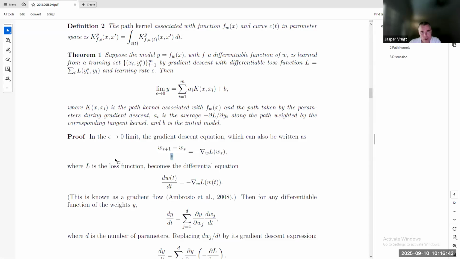So here, this is the Newtonian formulation of a derivative, as far as I remember things correctly. So new weights minus the old weights, if you divide that by a small scalar, you get an estimate of your local derivative.